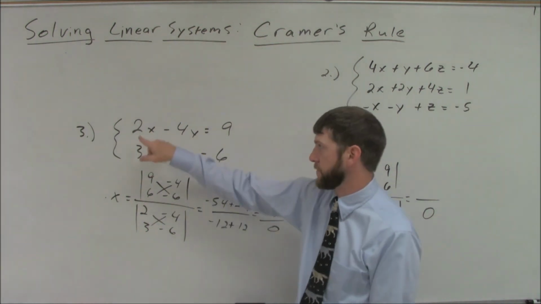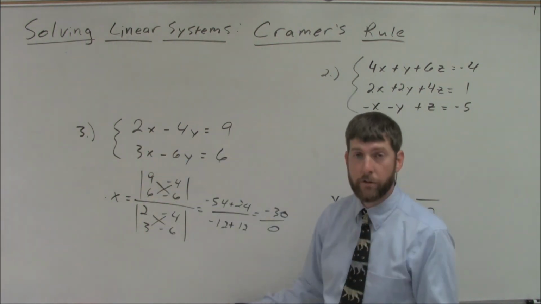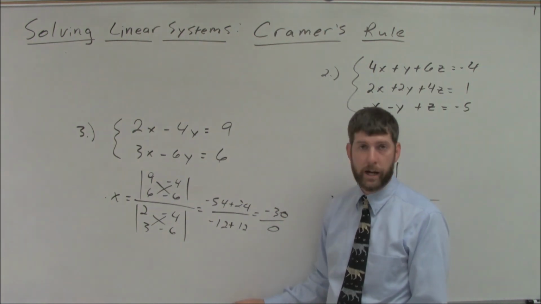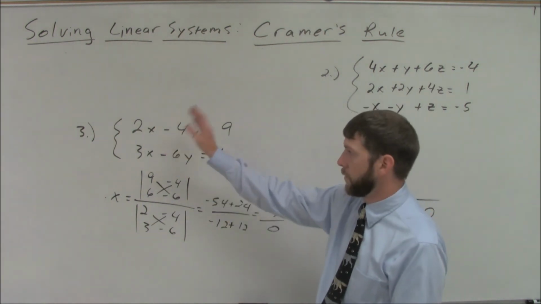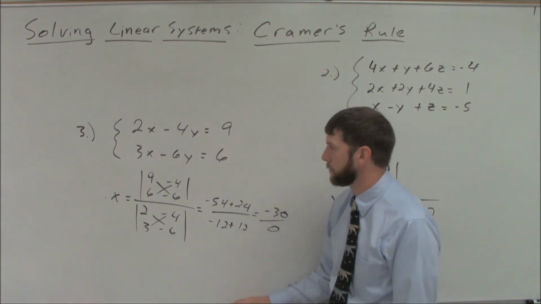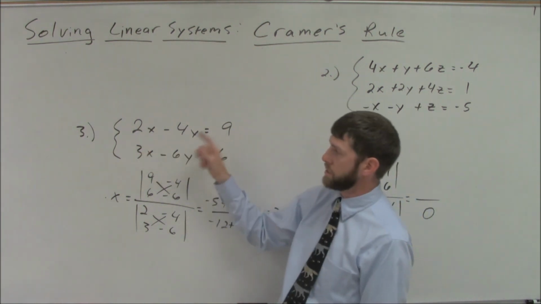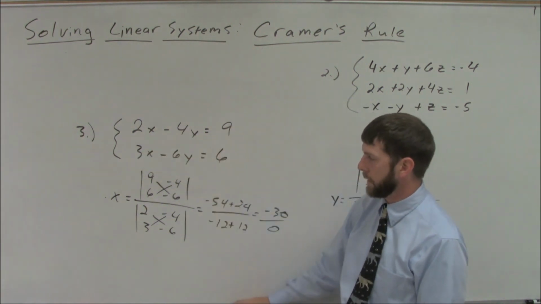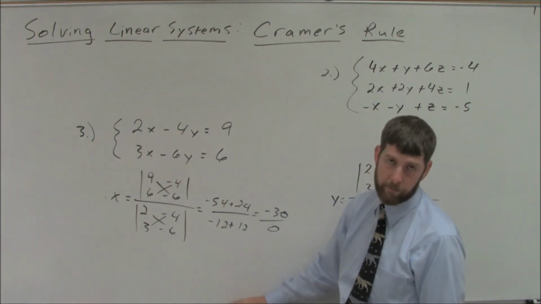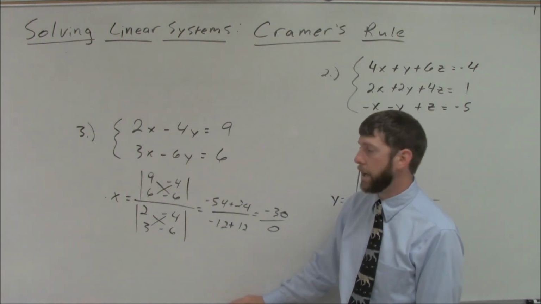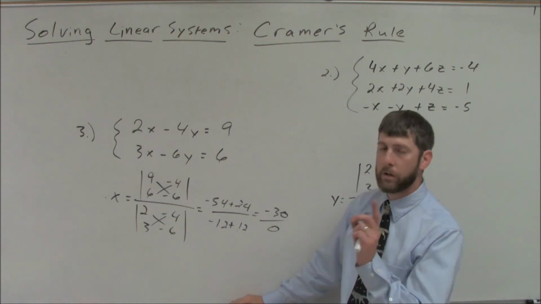So since they both have a 1 to 2 ratio, the slopes are going to be 1/2 or negative 1/2, depending. This one would be 1/2 because you'd subtract your 2 and divide by negative 4, and subtract your 3 and divide by negative 6. So you'd get 1/2 for your slope.